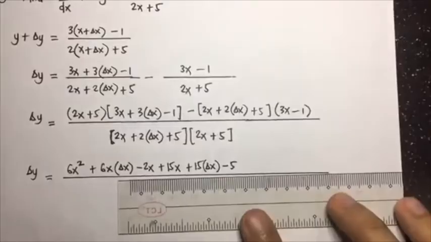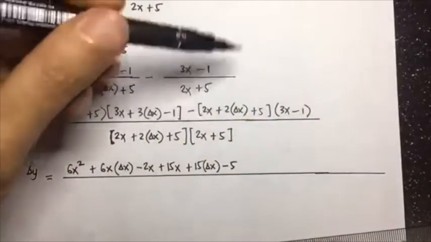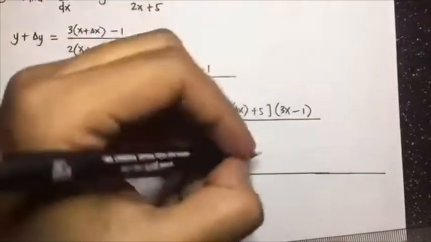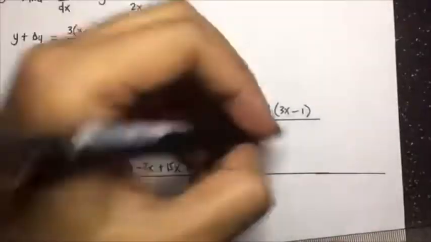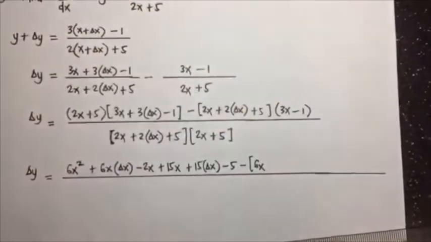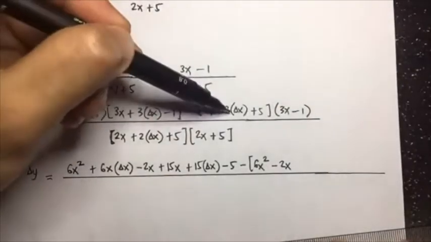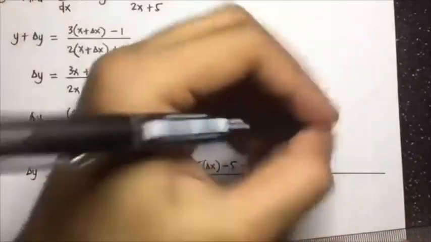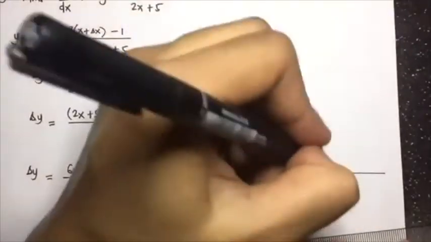Right? So next is this one. So 2x times 3x, so we will have minus 2x times 3x, so that is 6x, oh sorry, 6x squared. 2x times negative 1, so that is minus 2x. 2 delta x times 3x, so that is plus 6x delta x.